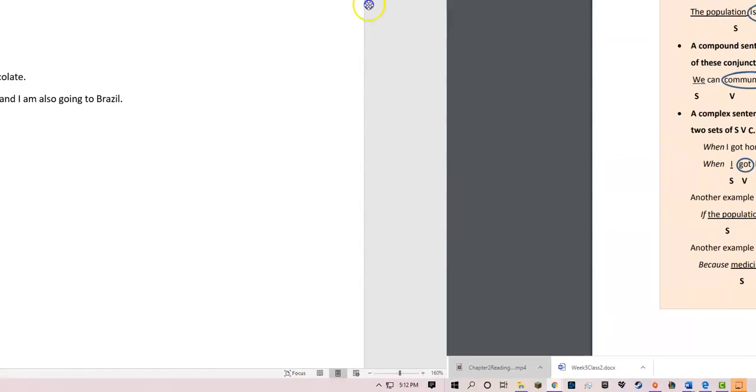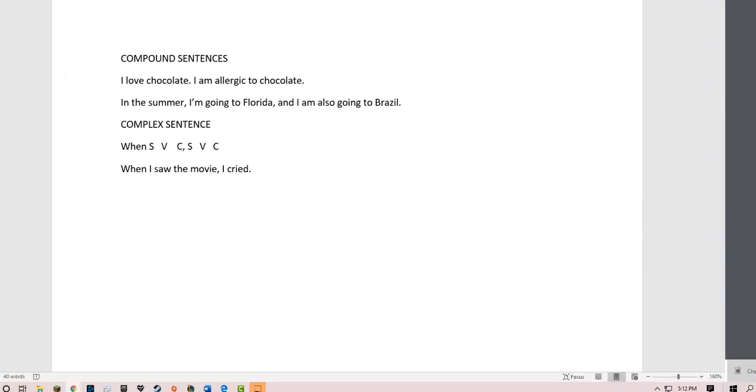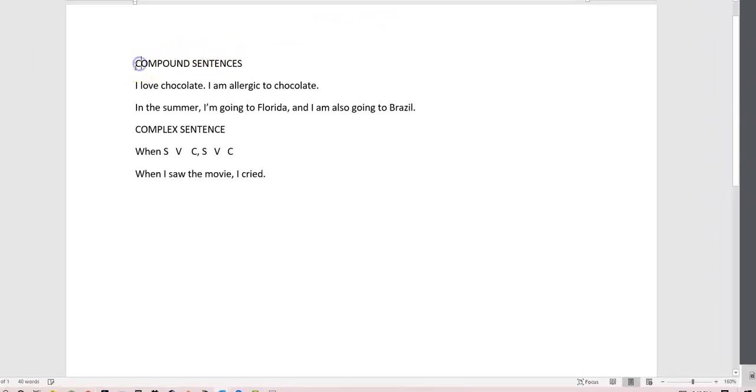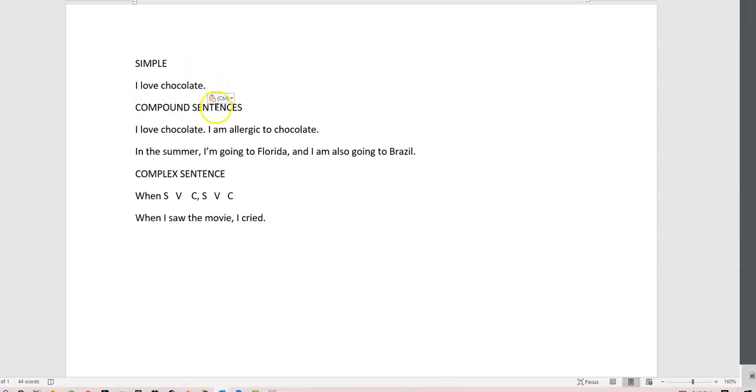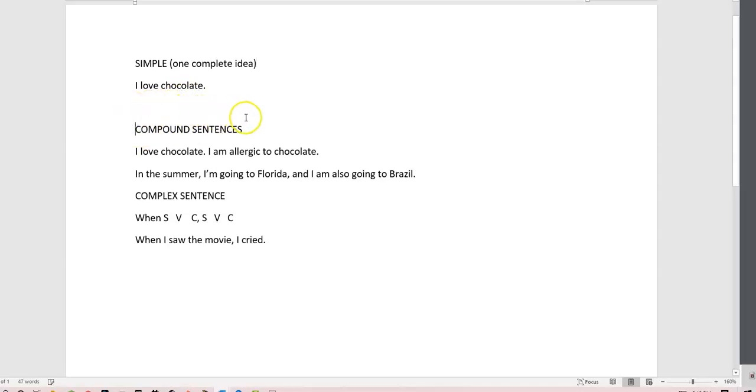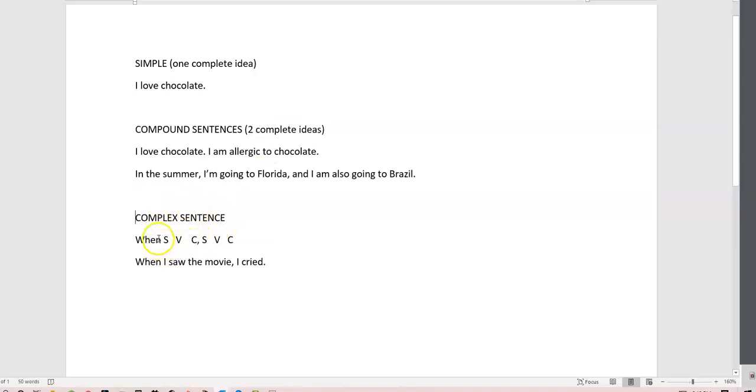So, you have learned 3 kinds of sentences. You have learned simple sentences. A simple sentence is only one complete idea. So I'm going to say here, one complete idea. Then you also learned compound sentences. It's 2 complete ideas. Then we have learned complex sentences, and we talked about when, if, and because. Okay?